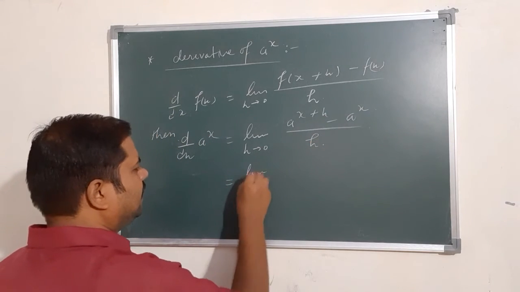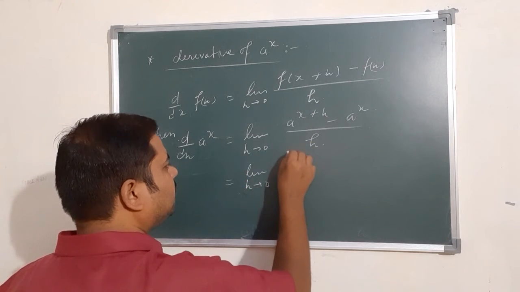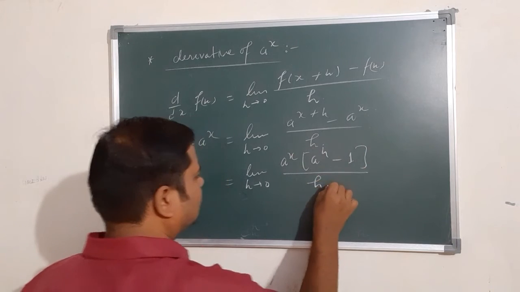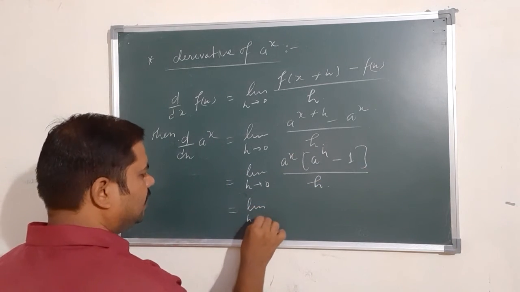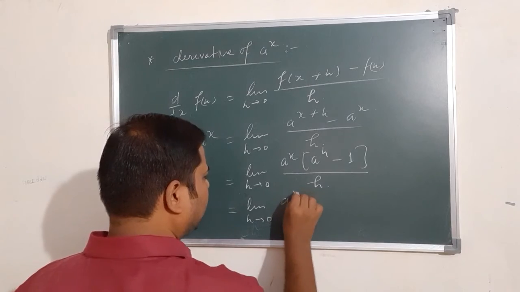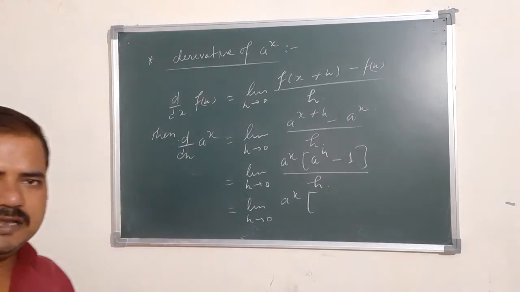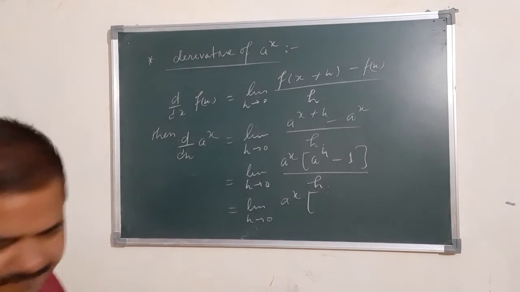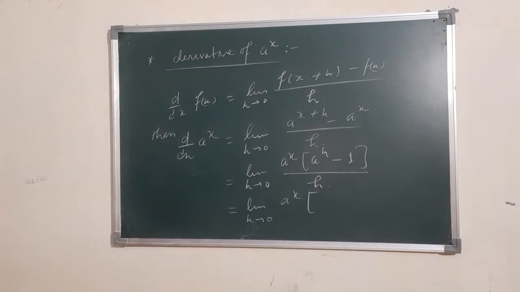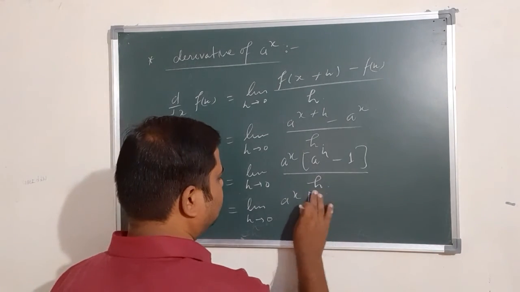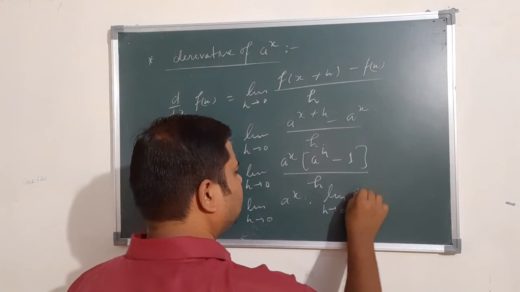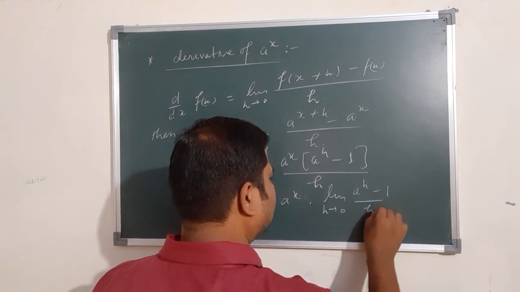So this is limit h tends to 0, a to the power x is common, so this is a to the power x times a to the power h minus 1 divided by h. Now we can write limit a to the power x into limit h tends to 0 of a to the power h minus 1 upon h.